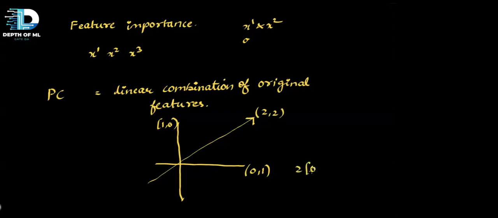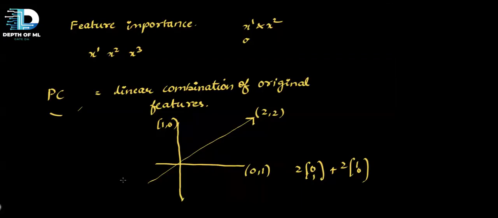This is 2 times 1, 0 plus 2 times 0, 1. This is some linear combination. So whatever your principal components are, they are actually linear combinations of the original features. Here, this particular dimension and this particular dimension contribute equally to this vector.